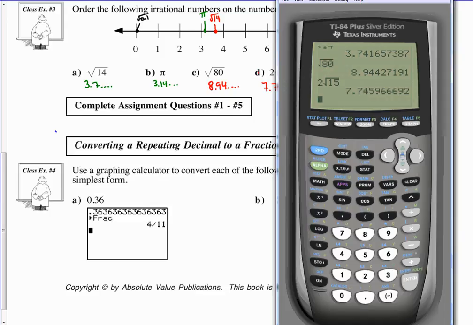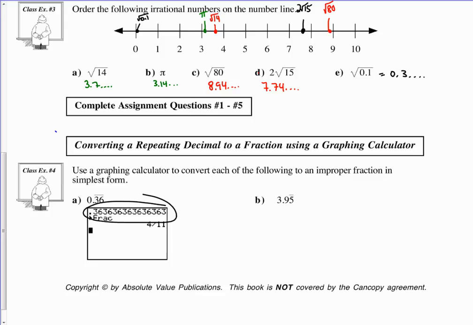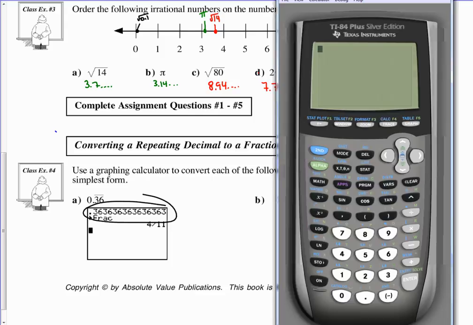On a graphing calculator, you need to type in a whole bunch of digits. If it's 0.36 repeating, we're typing a whole bunch of 36, 36, 36, at least 9 decimal places, because that's what your calculator registers as non-terminating.